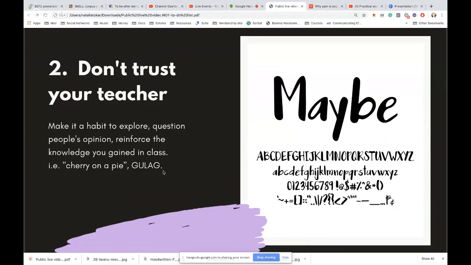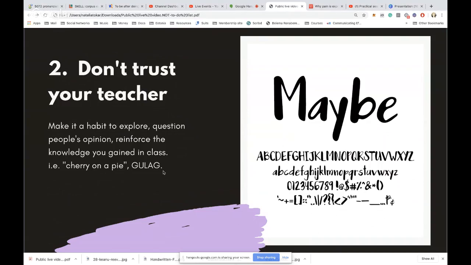What I see a lot is that non-native speakers think their teacher is the ultimate authority who cannot be questioned ever. A lot of teachers, let's face it, a lot of English teachers are also non-native speakers. And it's okay that they can make mistakes sometimes. And if we never question what our teacher tells us, we never learn.